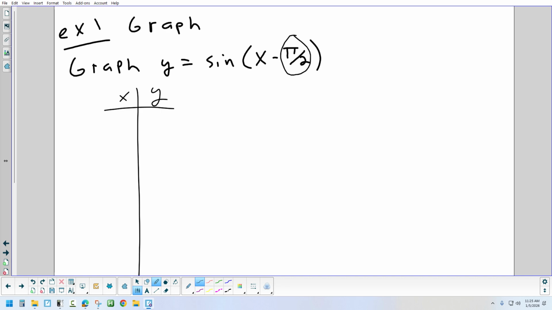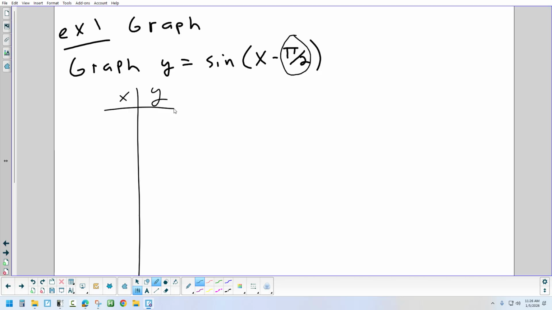Let's write down the values that don't change. This is a phase shift, because you're adding and subtracting inside the parentheses. What values in this table are not going to be affected? The y's. So let's write down the y's from the original table.